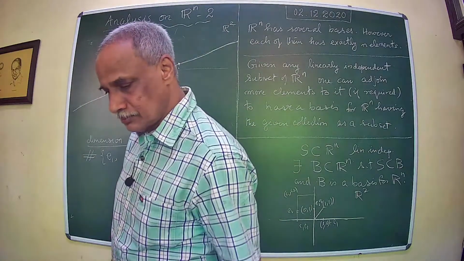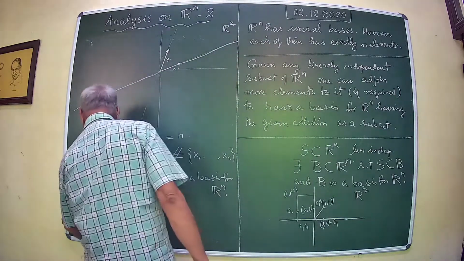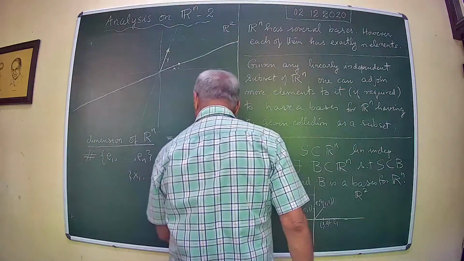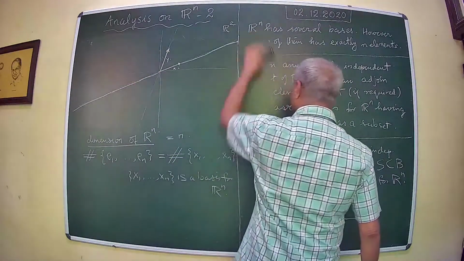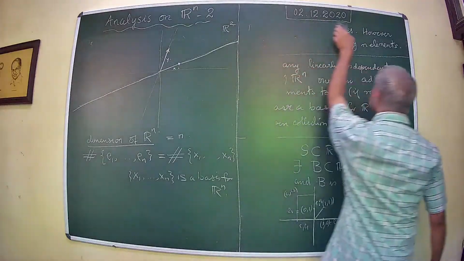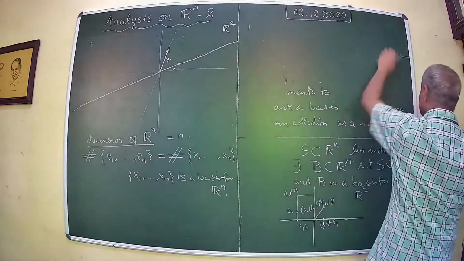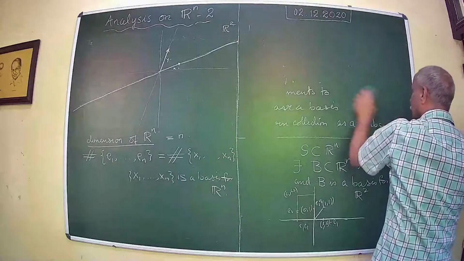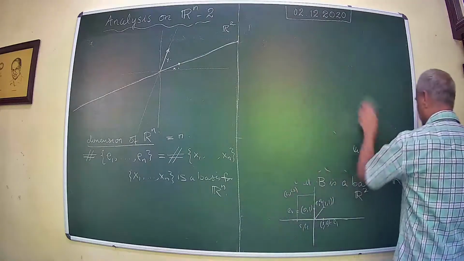Now let us look at the subspaces of it. Subspaces we have already defined. It is a subset which is a vector space in its own right with the same sort of operation of addition and scalar multiplication of another space.